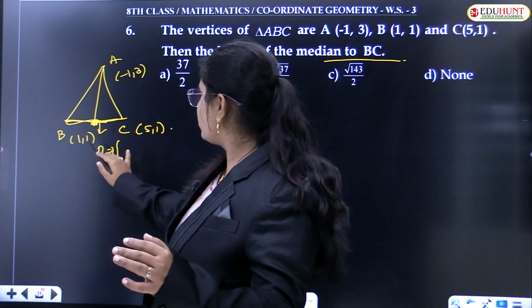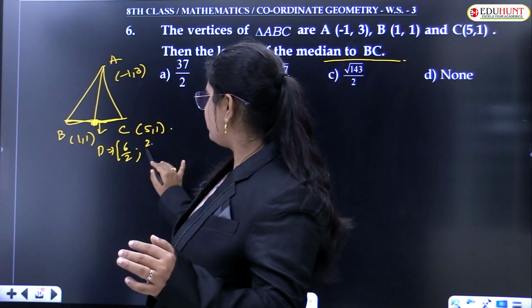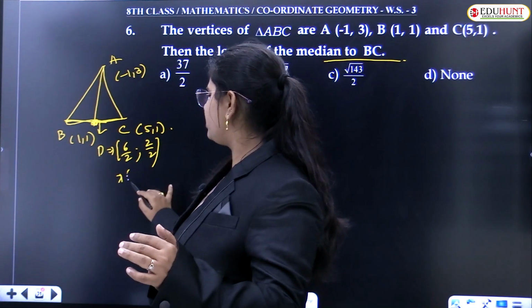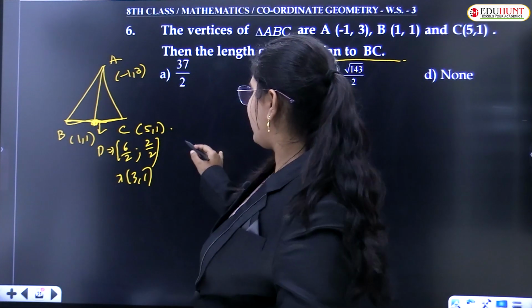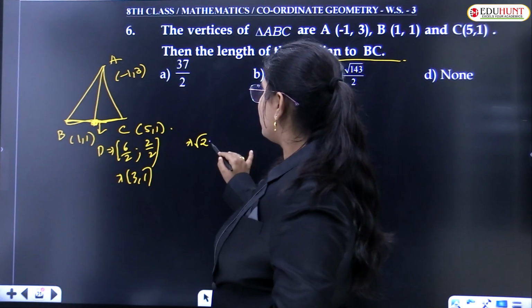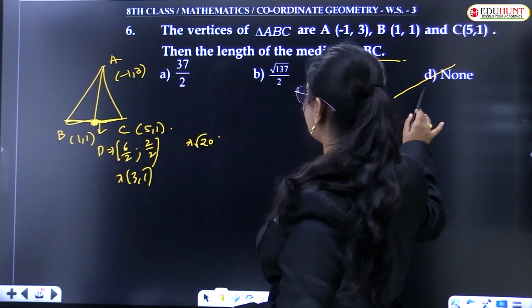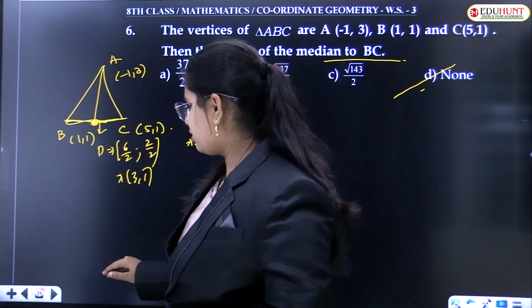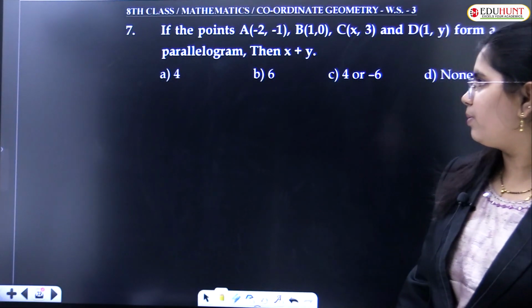X1 plus X2 by 2: 1 plus 5, 6 by 2, and 1 plus 1, 2 by 2, which is 3, 1. This is the same problem as the previous question. You got the answer root 20, correct? Which is option none. Yes or no? So let's begin the next question.